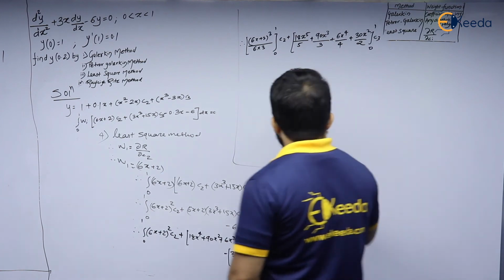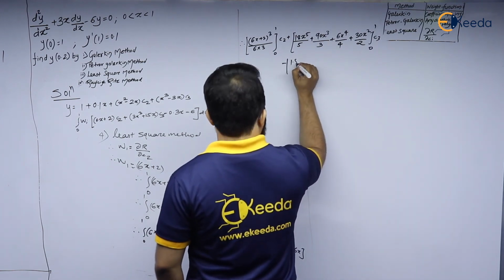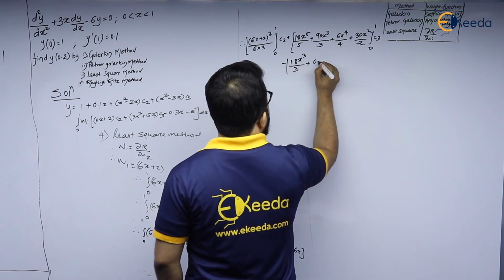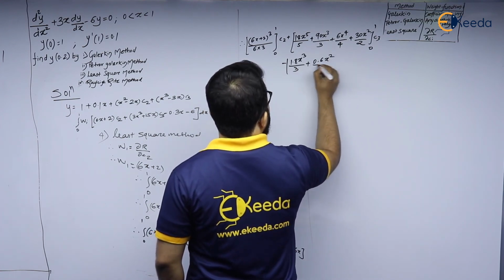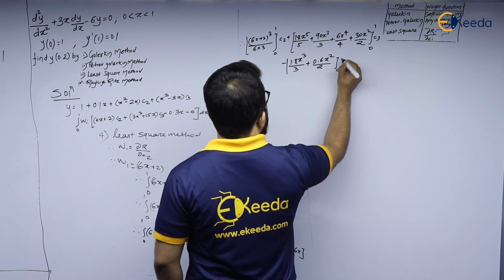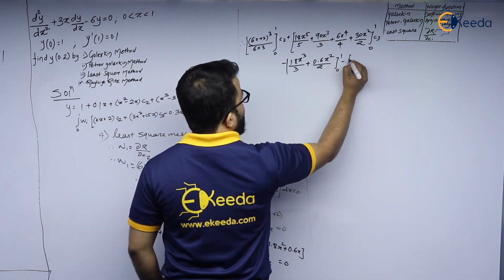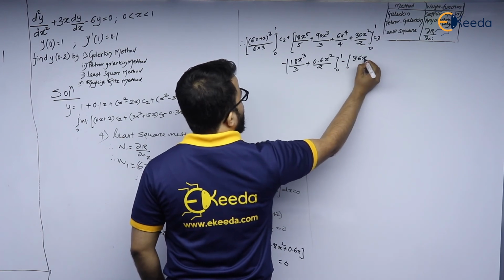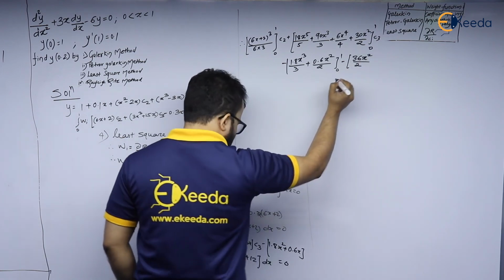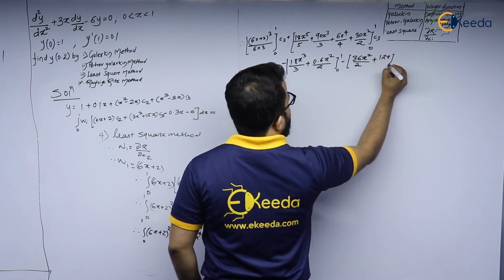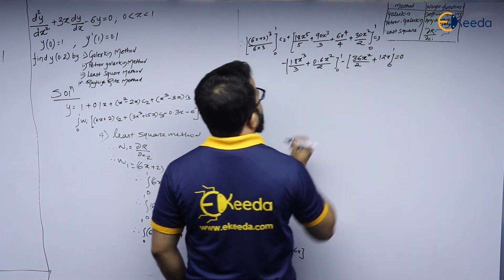So this becomes minus 1.8x^3 upon 3 plus 0.6x^2 upon 2, 0 to 1. Yeah, this becomes minus 36x^2 upon 2 plus 12x, 0 to 1 is equal to 0.